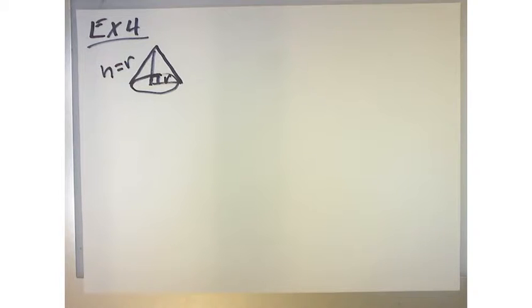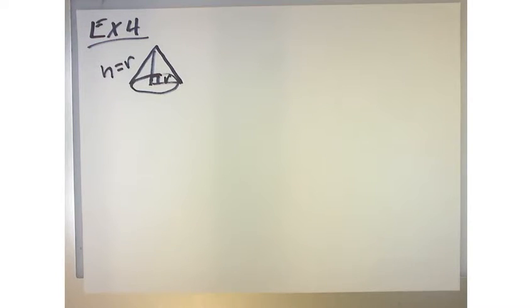It says grain is leaking through a hole in a storage bin at a constant rate of 8 cubic inches per minute. The grain forms a cone-shaped pile on the ground below. As it grows, the height of the cone always remains equal to the radius.